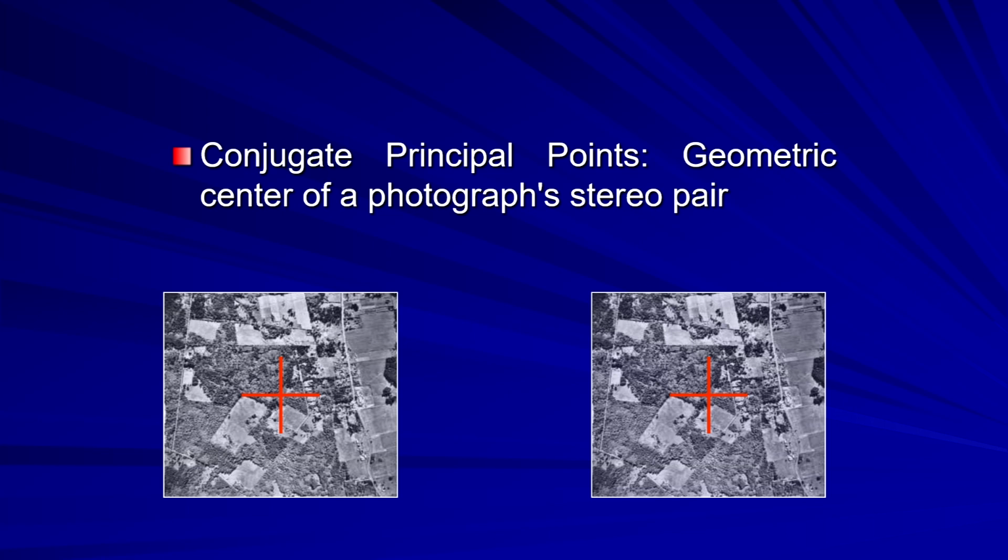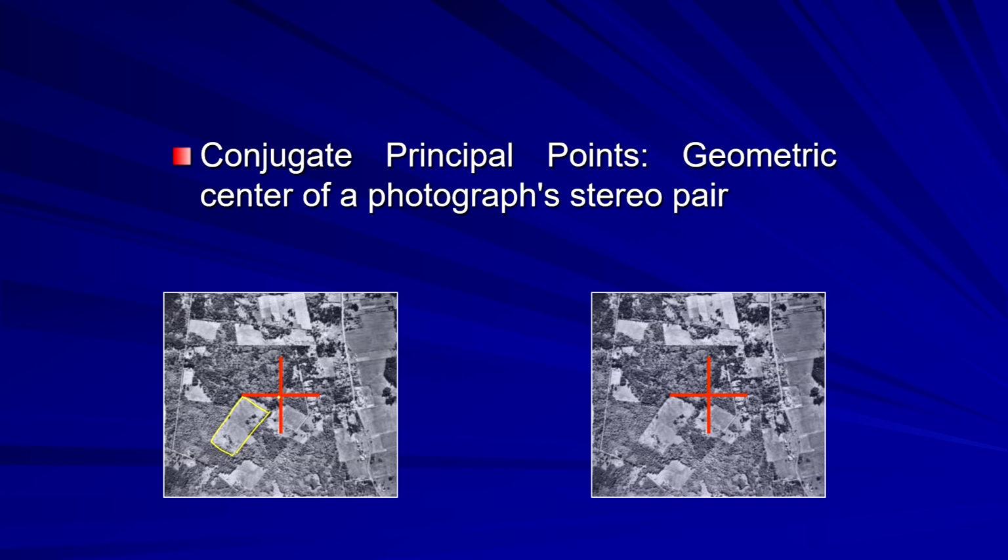You can trace out this point here, and at the same time mark one of the objects or landforms here. Then you can move your tracing sheet onto the other image, and you will see that the principal point of the second photograph will not match the principal point of the first photograph.